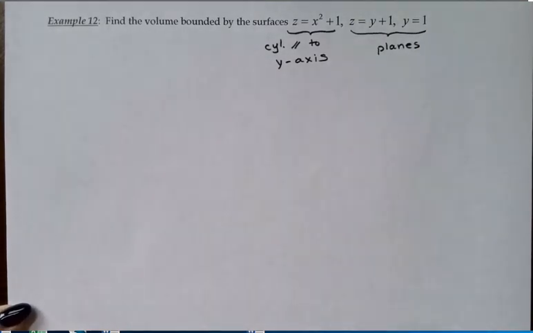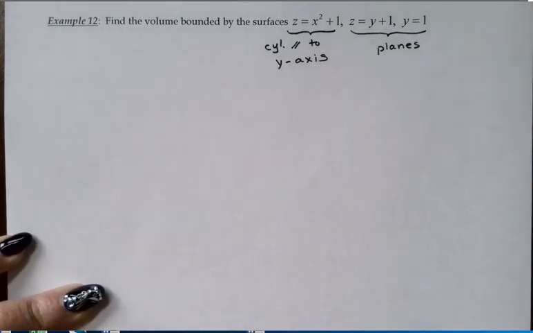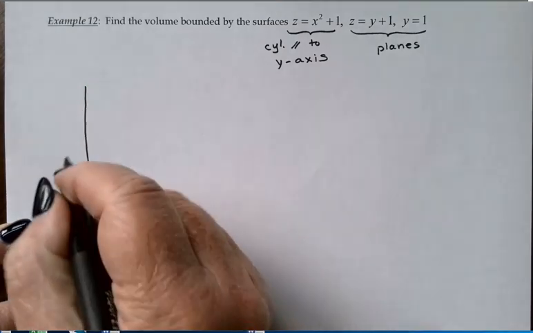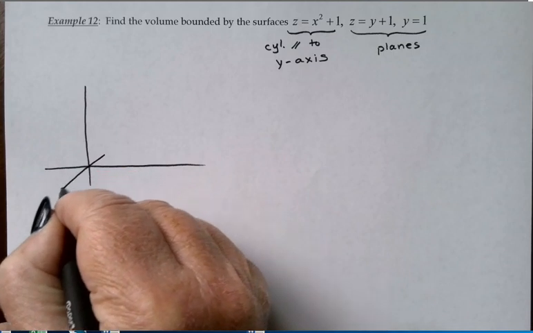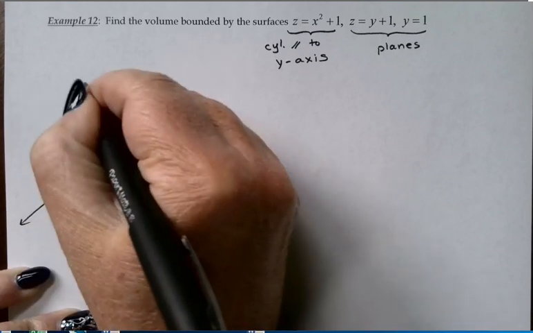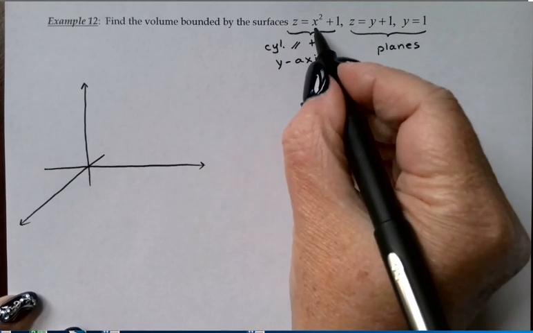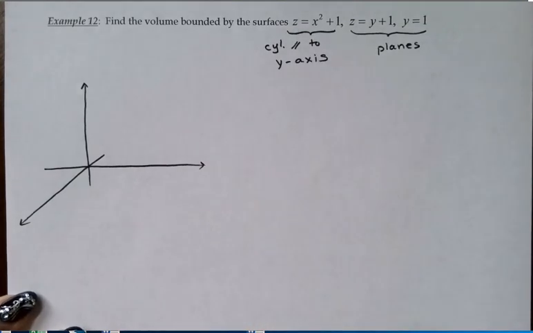I'm once again going to attempt to make the picture first by hand, just for a little practice in visualizing, and then we'll look at a couple of technology solutions to graphing these things. So here's my three-dimensional graph. This surface is z equals x squared plus 1, just a parabola shifted up 1 in the xz plane.